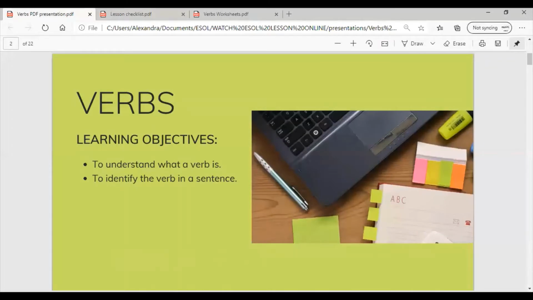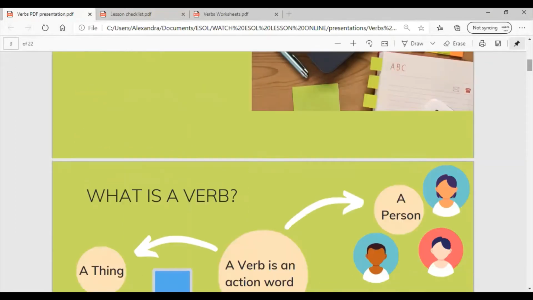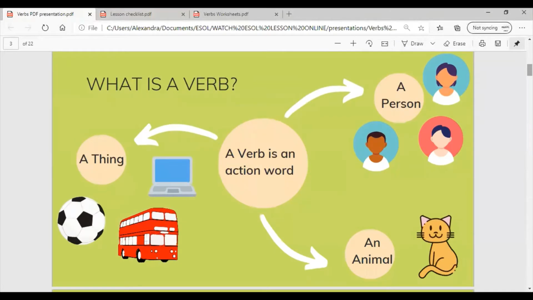So what are verbs? Our learning objective is to understand what a verb is and to be able to identify one in a sentence. Hopefully by the end of this session, which should be no more than 30 minutes, we should be able to understand what a verb is, how to use one and how to identify one. So what is a verb?